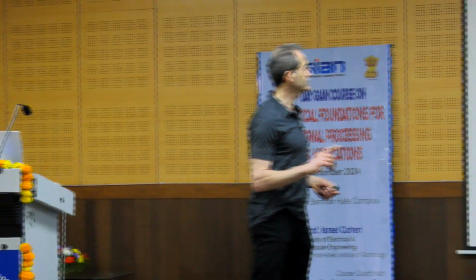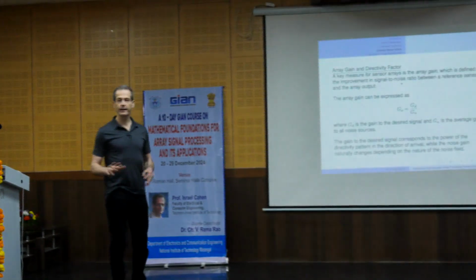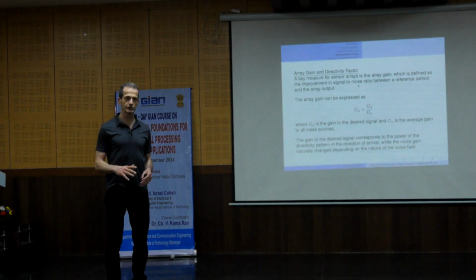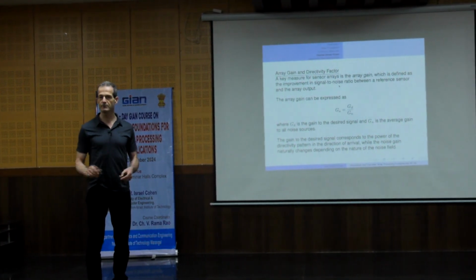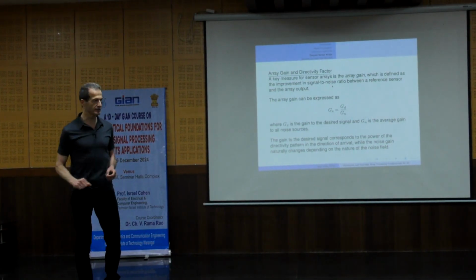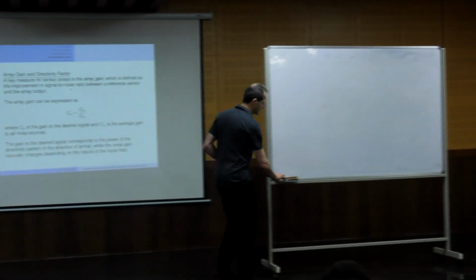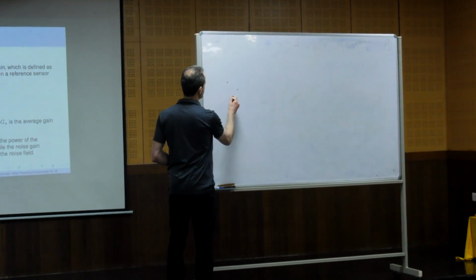Yesterday we talked about array gain and directivity factor. Array gain is the improvement in signal-to-noise ratio of using the array beamformer compared to a single sensor. If we have a sensor array, we have multiple sensors anywhere in space.